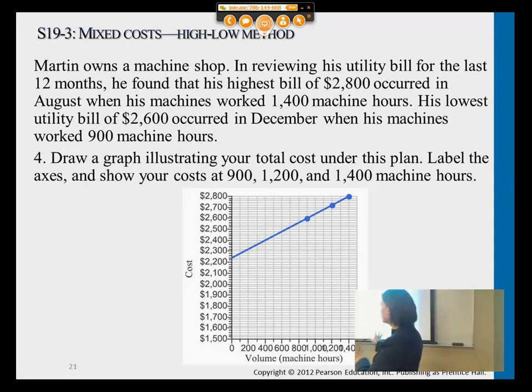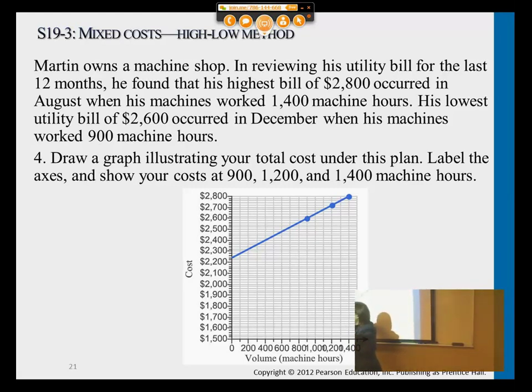Although it's not all colored, if you look right where the mixed cost intercepts with the cost axis is where I can determine my fixed cost. How can I do that? Right at the 0, think of it this way.